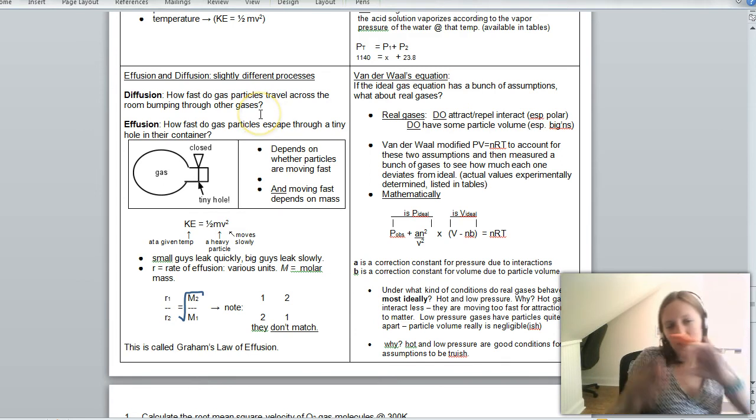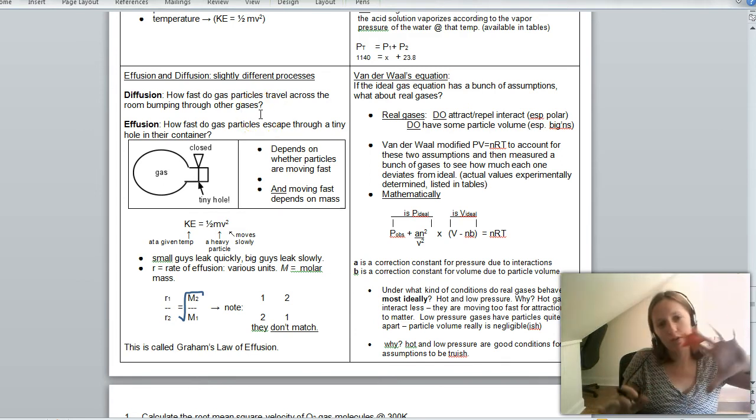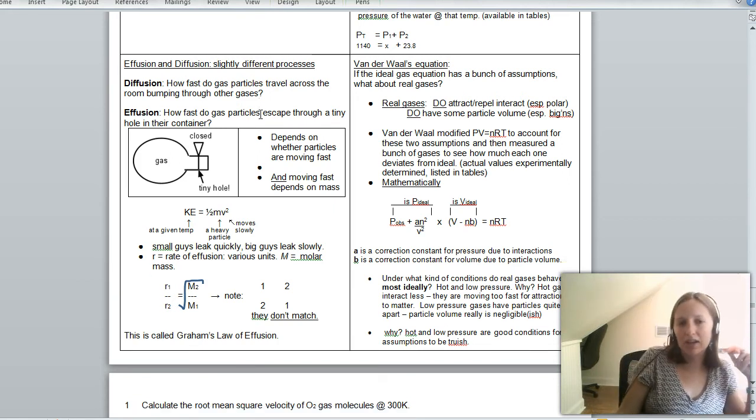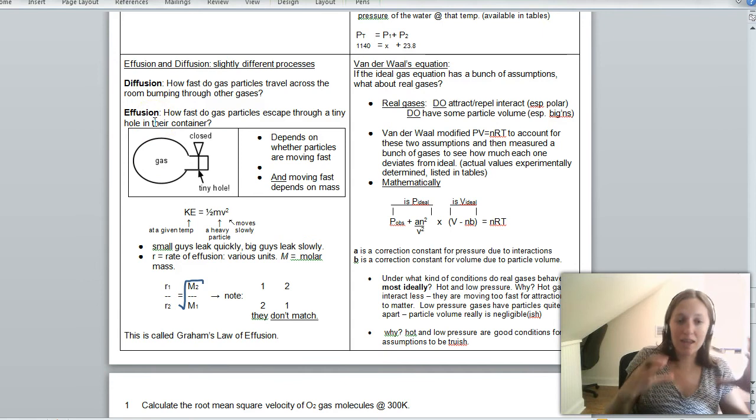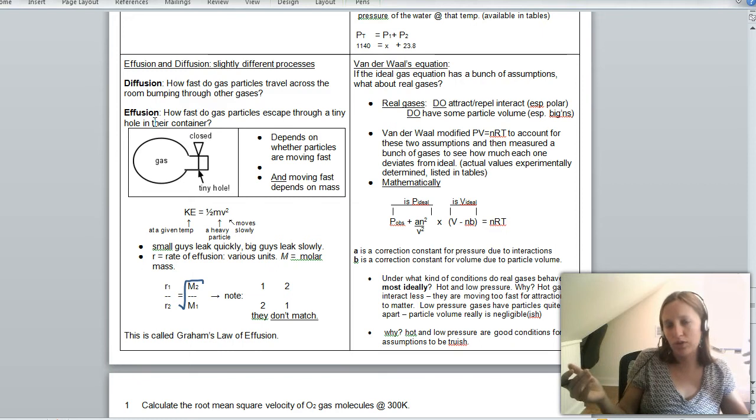So that's diffusion. That's one gas that slowly travels across and winnows its way through another gas. Effusion is slightly different, even though it rhymes. And this is talking about if you've got a helium balloon versus an air balloon, like the kind that you blew up with your breath, how fast do they deflate?